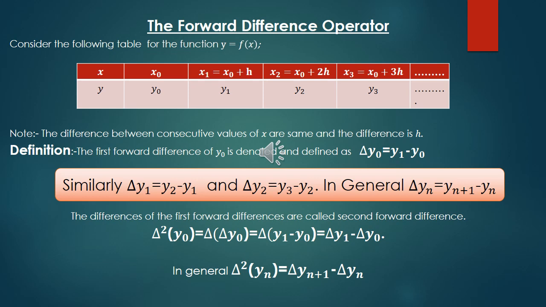The differences of the first forward differences are called second forward differences. That is, delta squared y0 is equal to delta of delta y0, which is equal to delta of (y1 minus y0). Operating on the bracket, that is equal to delta y1 minus delta y0. In general, delta squared yn is equal to delta y(n+1) minus delta yn.